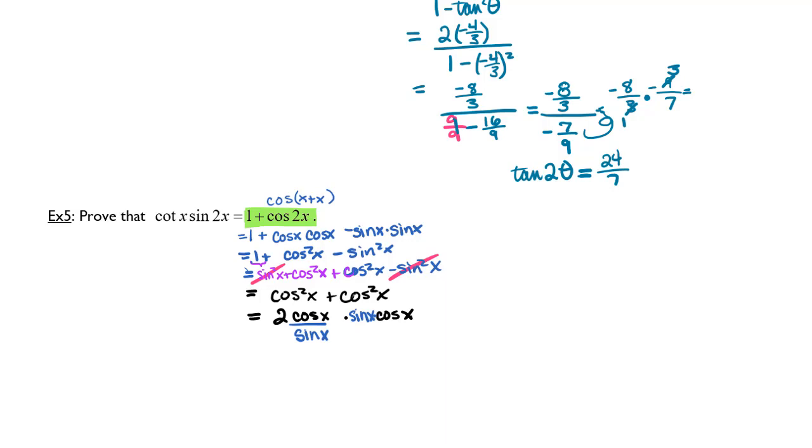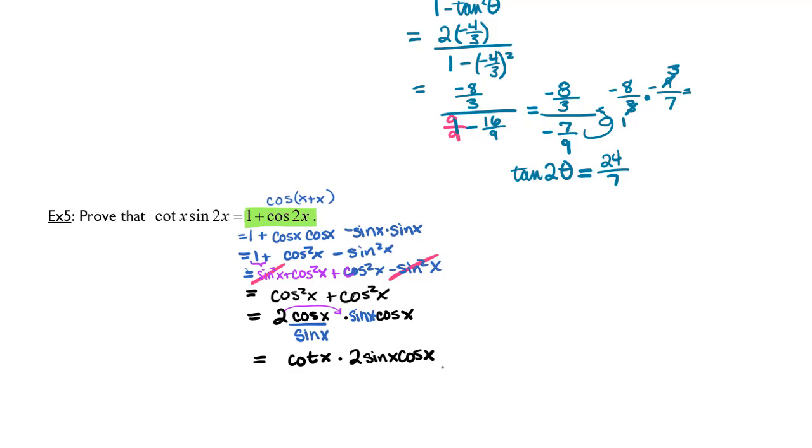And now I can rewrite the whole thing as it appears on the left-hand side. But I'm going to move this 2 over in front of the sine x times cosine x, and I will have a cotangent x on the left times 2 sine x cosine x.